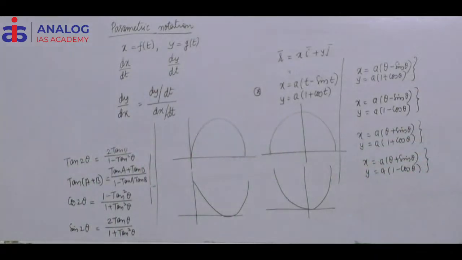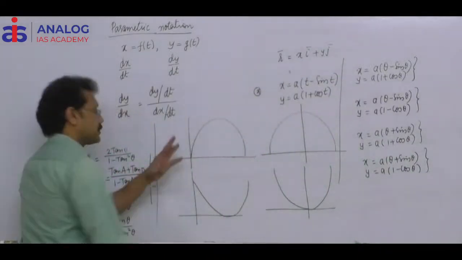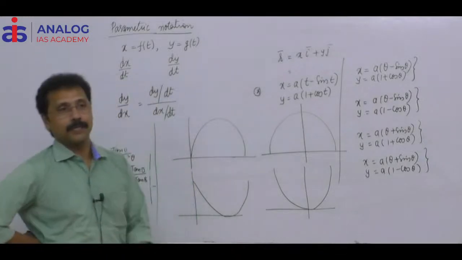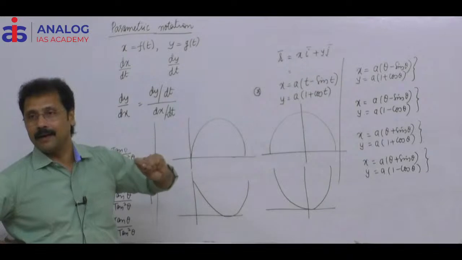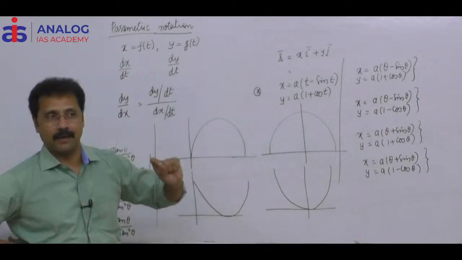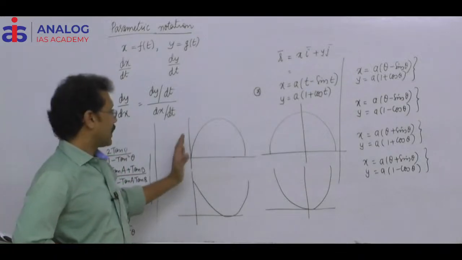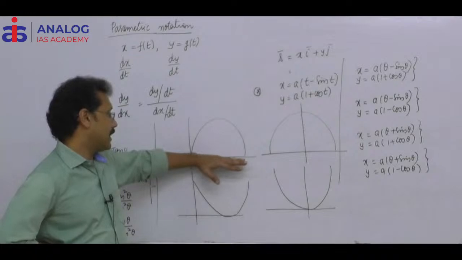Now, why I am telling you this is important, you know the reason. If you go to calculus, there are multiple questions that can be asked from a single object. One thing is area. What is the area included between one arch of the cycloid and x-axis?